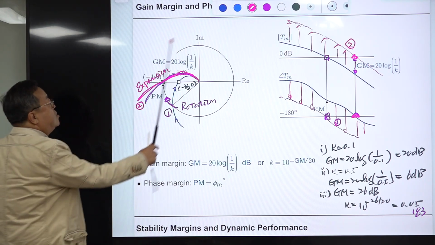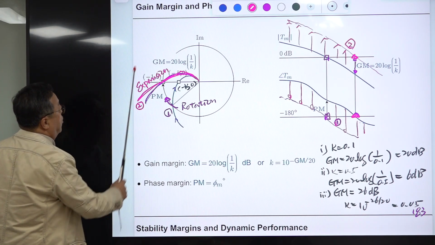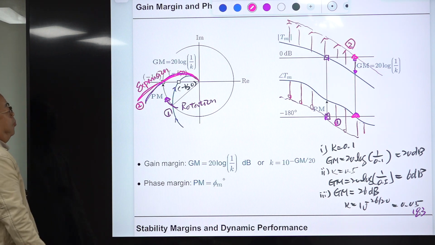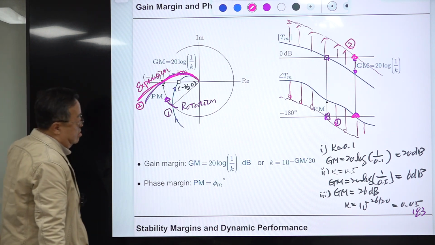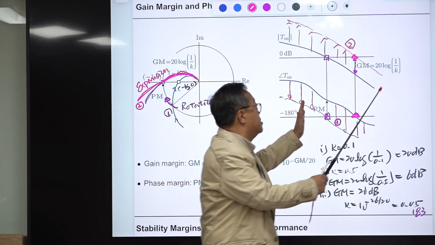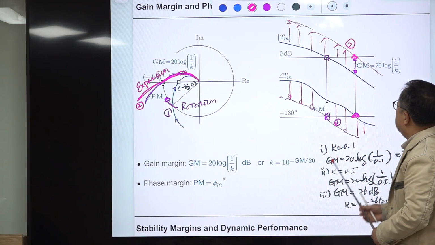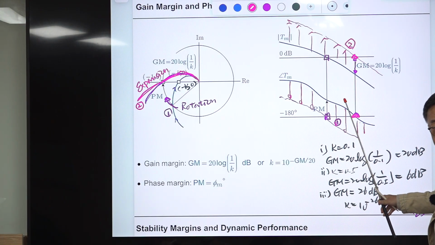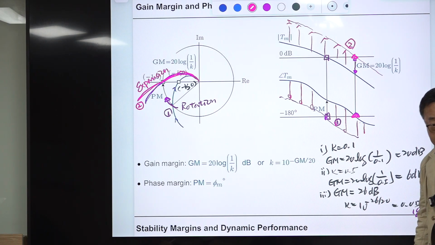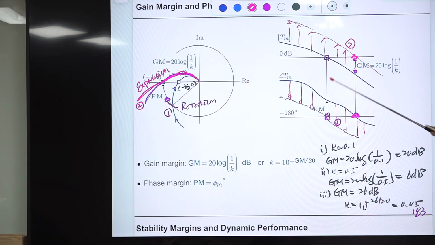Maybe this is the original definition of gain margin and phase margin shown in the polar plot, but it can be transferred to this equivalent shape. Practically you will be seeing this, right? Because the simulation result or the impedance measurement output usually shows the frequency response in Bode plot format.